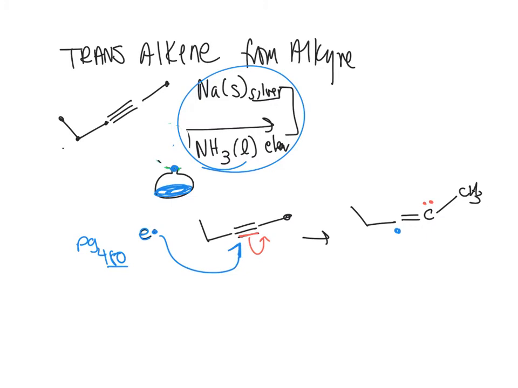Okay, because why? These electrons want to be far away from this one electron. Electrons repulse each other. Okay, and so when you get two electrons like that, then in your ammonia, anytime you get two electrons, it can now deprotonate. So these electrons now here can go and deprotonate.